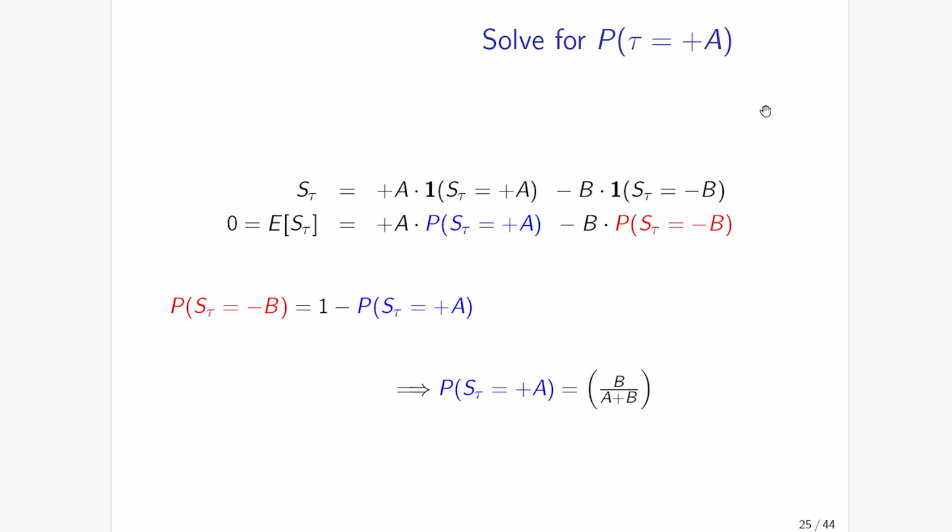So the chance that we hit minus B at the stop time is 1 minus the probability that we hit A. Using these relationships, we get that the probability that we hit A first is B over A plus B.